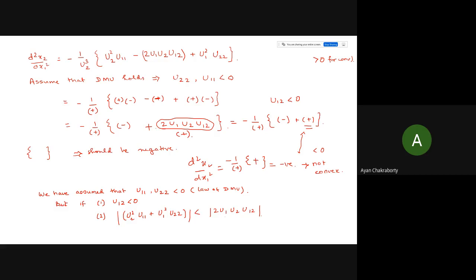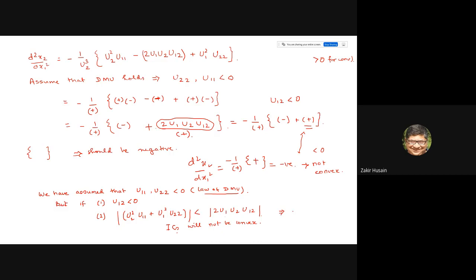Okay. So if these two conditions hold, indifference curves will not be convex. So we have the law of diminishing marginal utility, but still indifference curves need not always be convex.